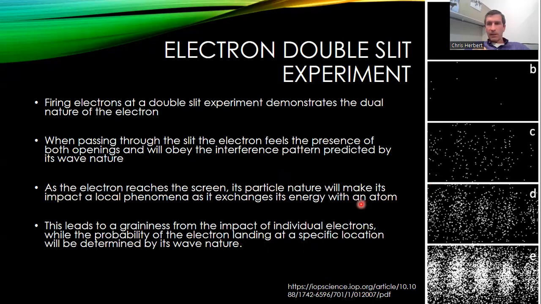So, let's look at 6 electrons fired through the double slit, and we see 1, 2, 3, 4, 5, 6. Just like single particles, which are randomly hitting the screen, and I don't really see anything necessarily special about them.